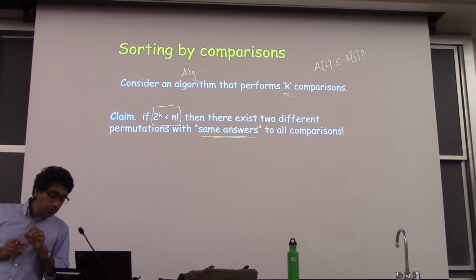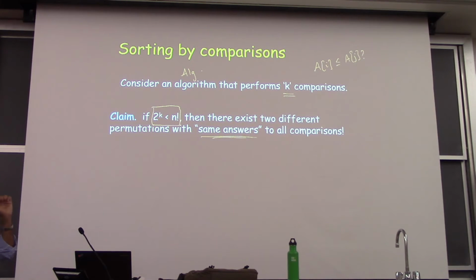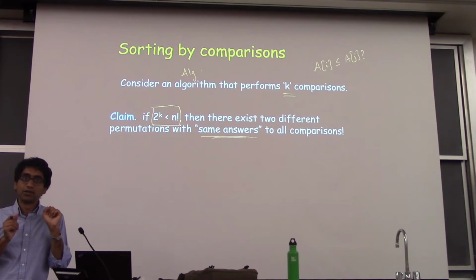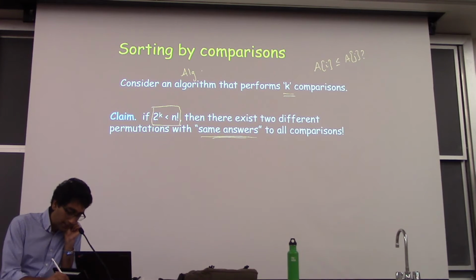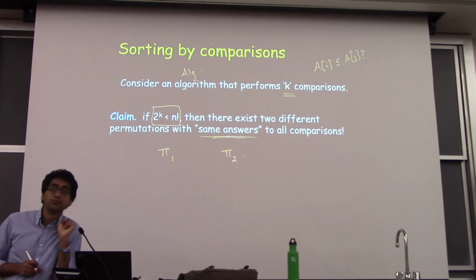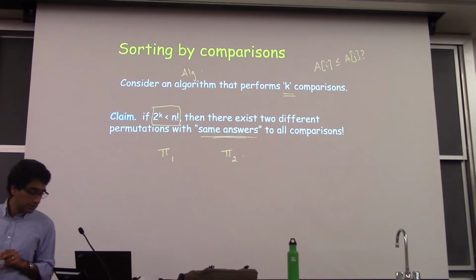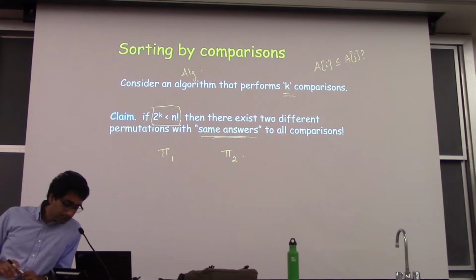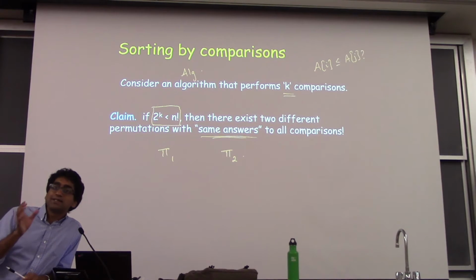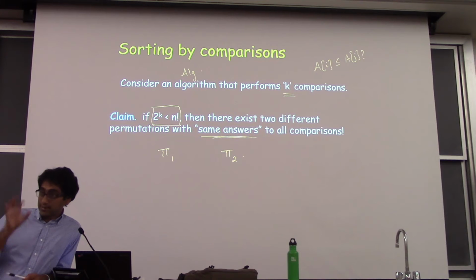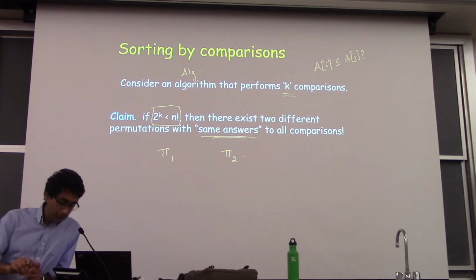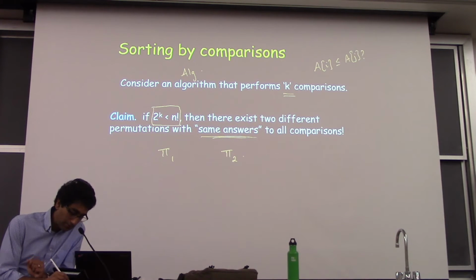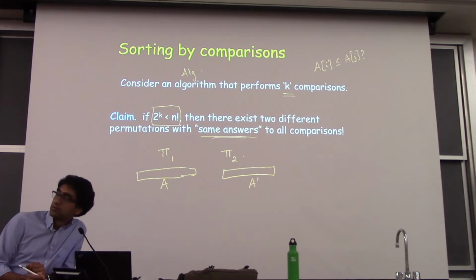Now, suppose you start with two different permutations, pi 1 and pi 2. Note that pi 1 corresponds to one input a, and pi 2 corresponds to some other input a prime.